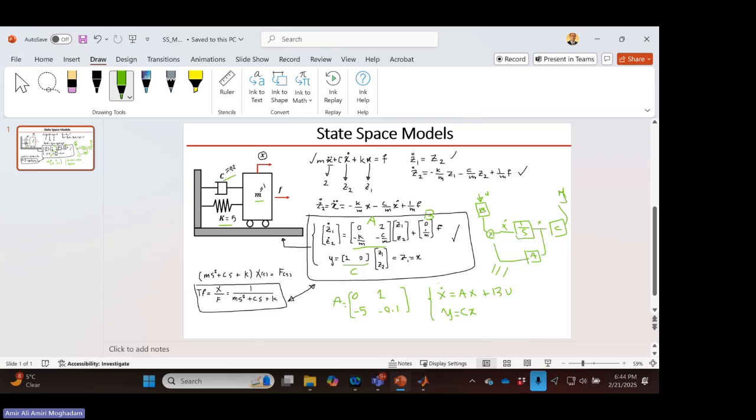And you can verify that. Just look at this summing junction, UB plus XA equals X dot, and BU and AX equals X dot, so the same thing, and X times C is Y, and as you can see, it's the same thing.